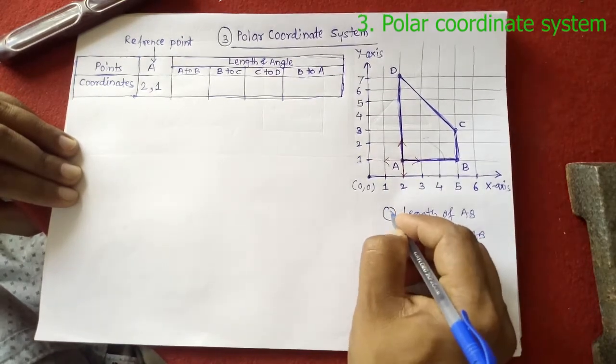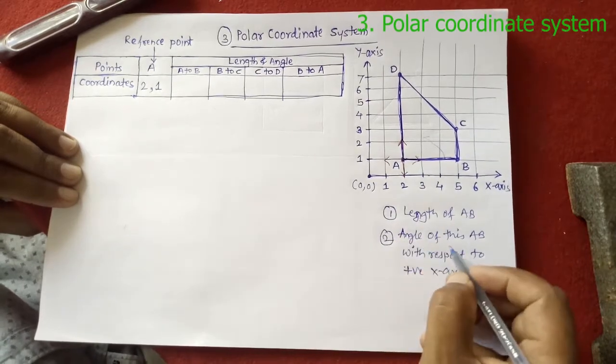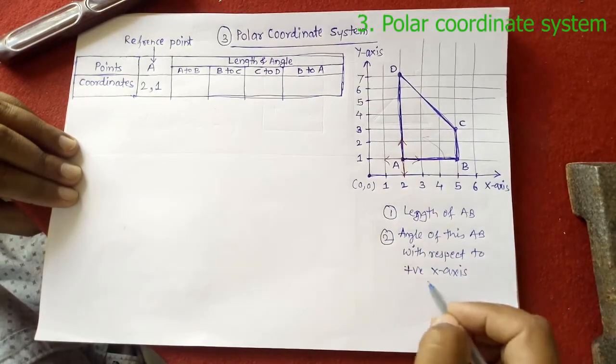So first we must know the length, second we must know the angle of this line AB with respect to the positive x axis.